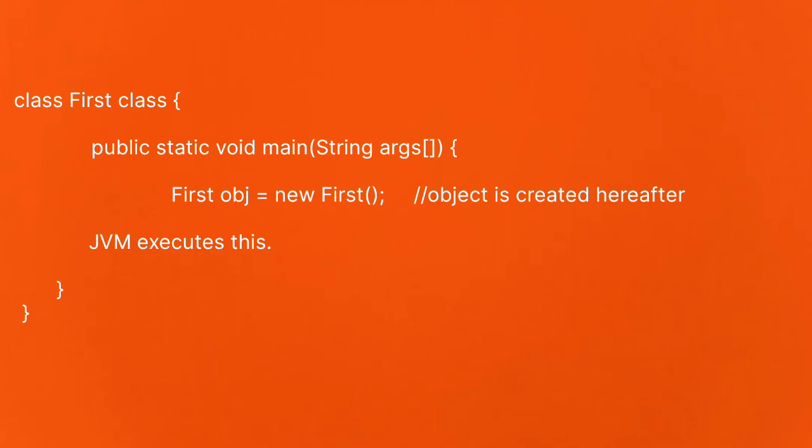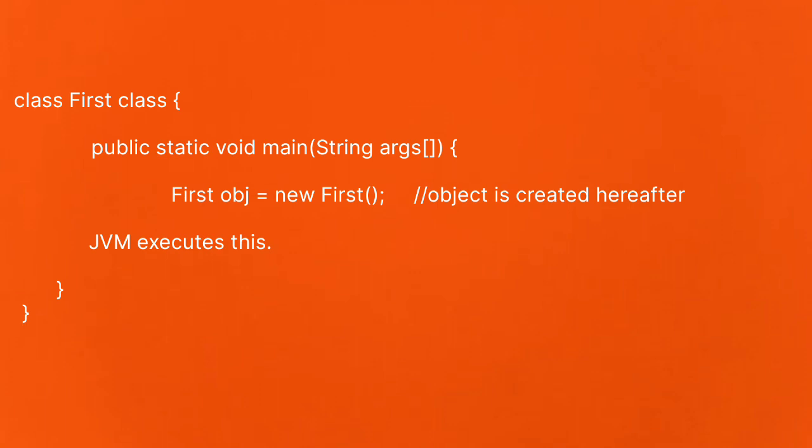So we should call the main method without creating an object. Such methods are called static methods and should be declared as static. Static methods are the methods which can be called and executed without creating the objects. Since we want to call the main method without using an object, we should declare the main method as static.